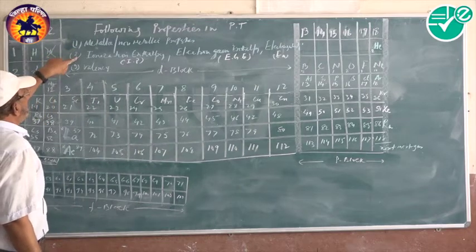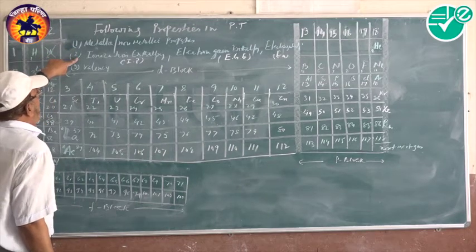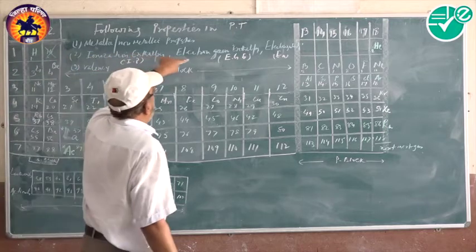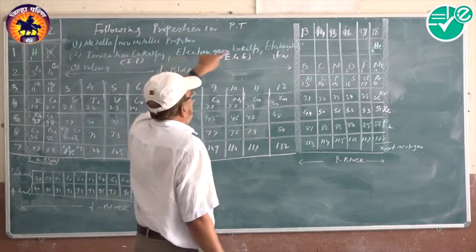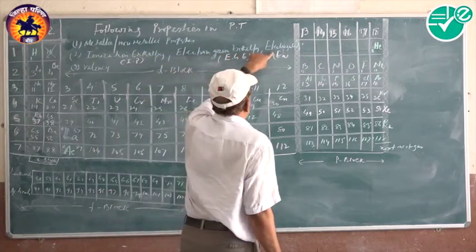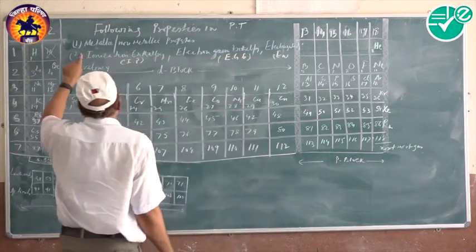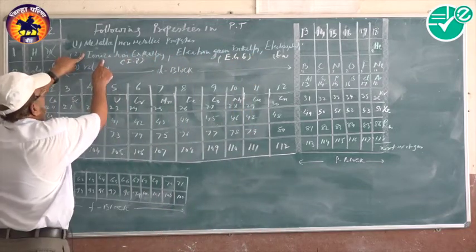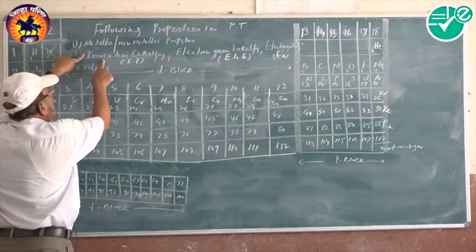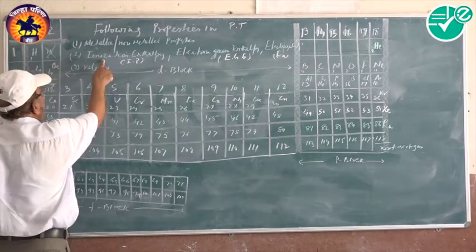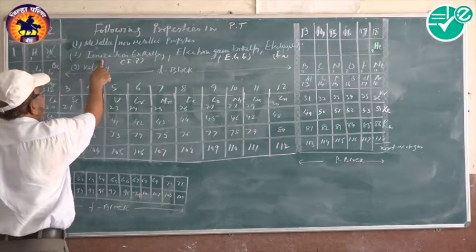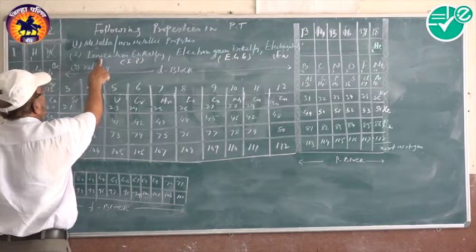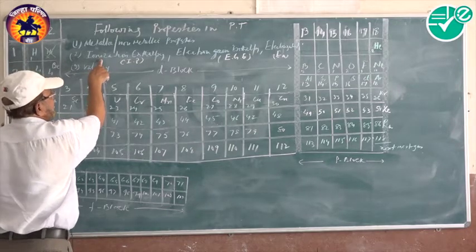Second, ionization potential or ionization enthalpy, electron gain enthalpy, electronegativity. These are properties of elements. First we will discuss ionization enthalpy. It is the amount of energy required to remove an electron from an isolated gaseous atom.